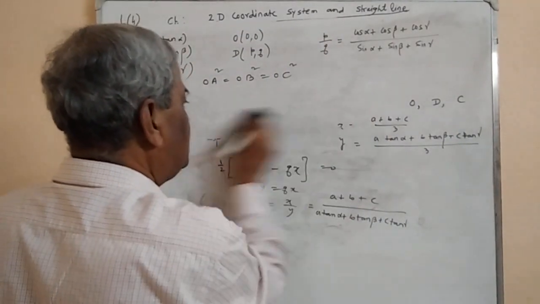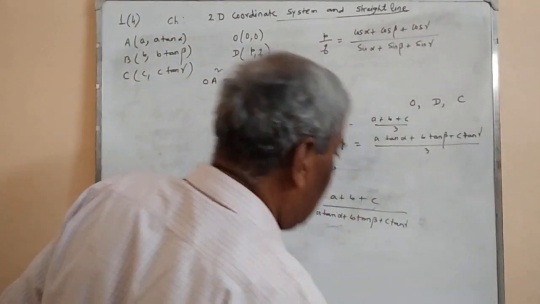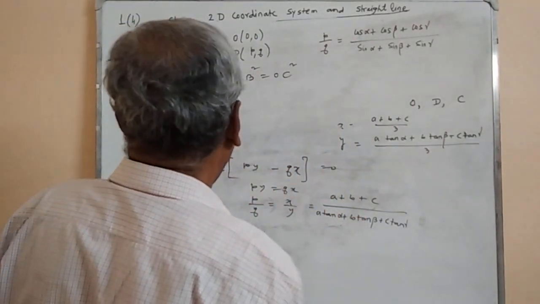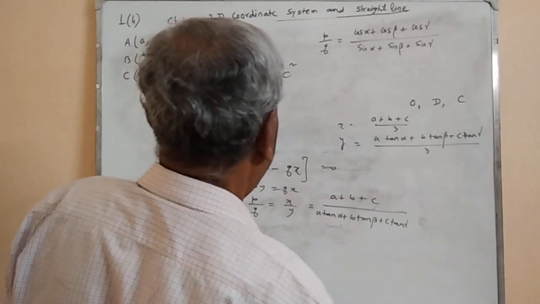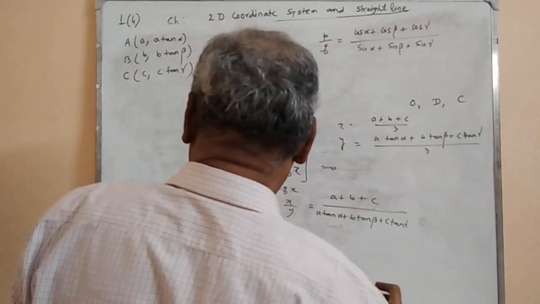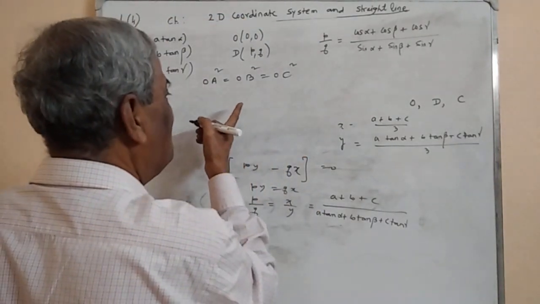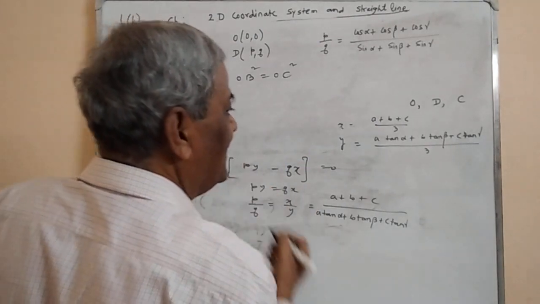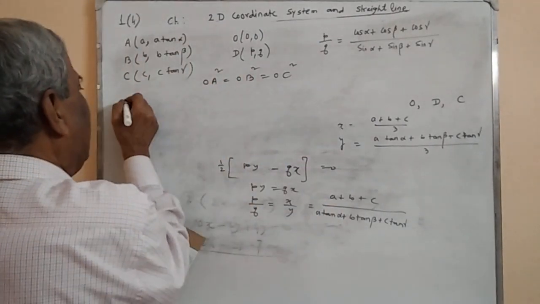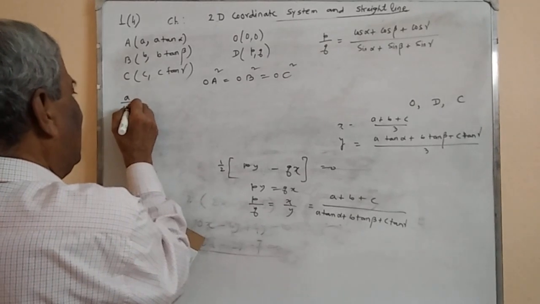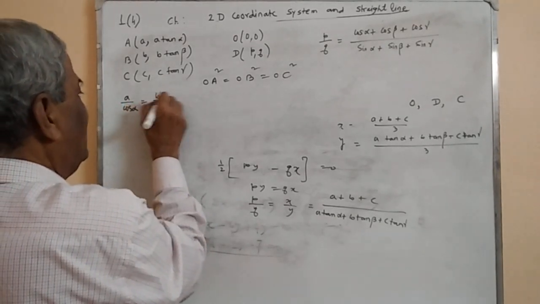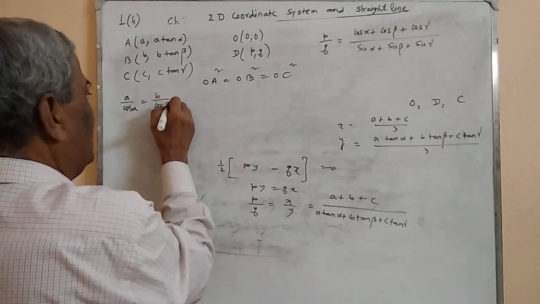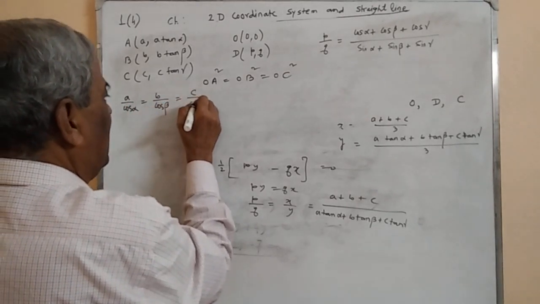Here we get A by cos alpha is equal to B by cos beta is equal to C by cos gamma.